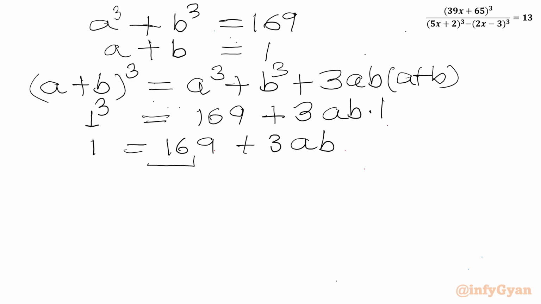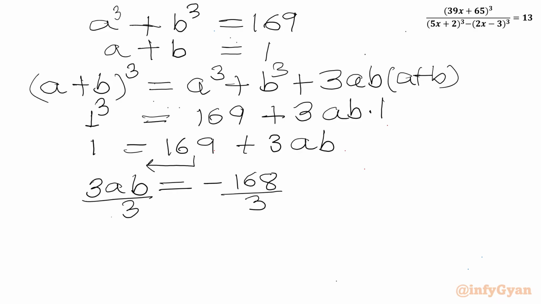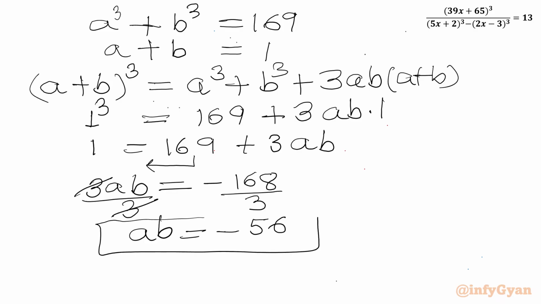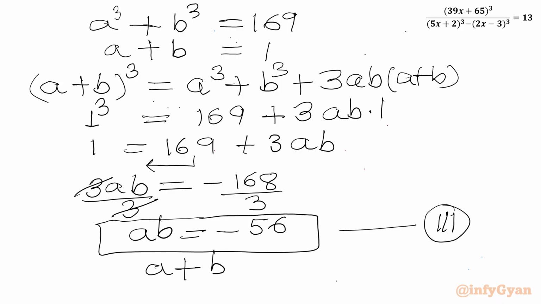Now we will take 169 to the LHS. So equation will become 3AB equal to minus 168. Now we will divide both sides by 3. So this 3 and 3 will be over. We will get AB equal to minus 56. Now our equation is 3. Now I will write our equation 2, which was A plus B equal to 1.